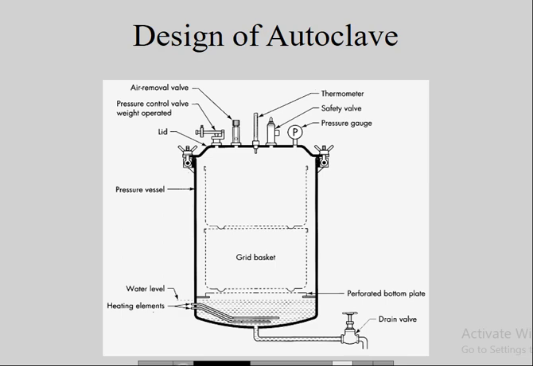Therefore the temperature and pressure used in an autoclave is around 121 degrees Celsius and 15 pounds. So this is the device in which moist heat sterilization is carried out.